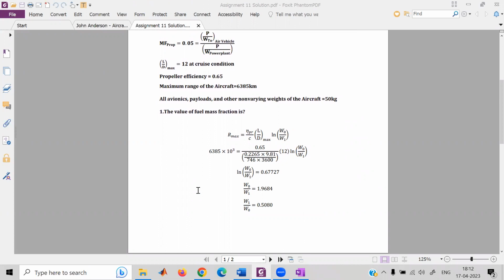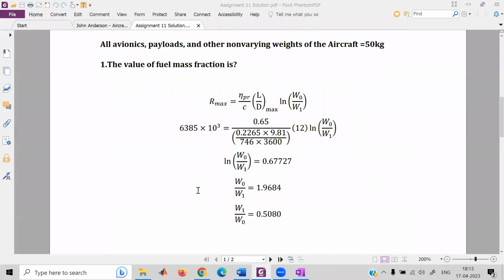We just need to put them in the range formula, but we need to consider the units that we are using, for example the unit of C, which is the specific fuel consumption for the aircraft. But the weight fraction that we are getting isn't the right one that we want. First, we need to take the reciprocal and then subtract it from 1 to get the final mean fuel weight fraction.